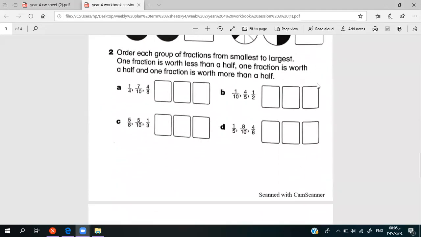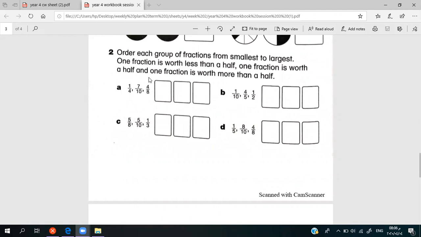Now here it's a little bit difficult, okay guys, but it just needs us to think. Now he's saying order each group of fractions from the smallest to the largest. One fraction is worth less than a half.